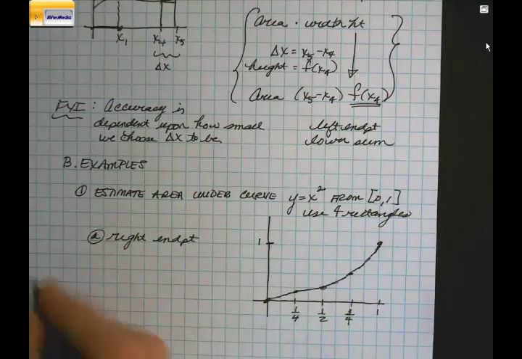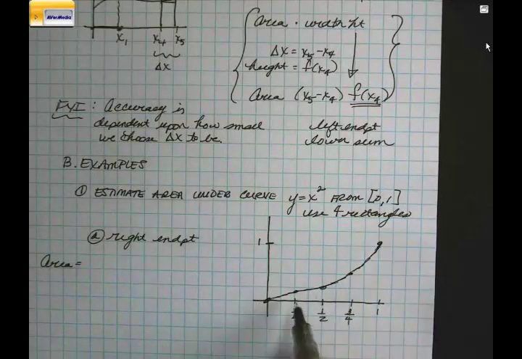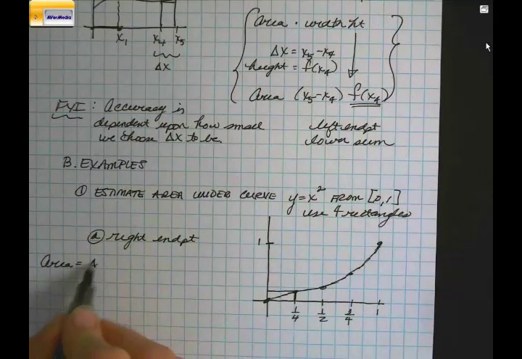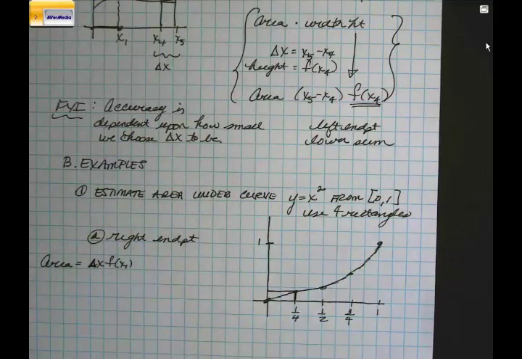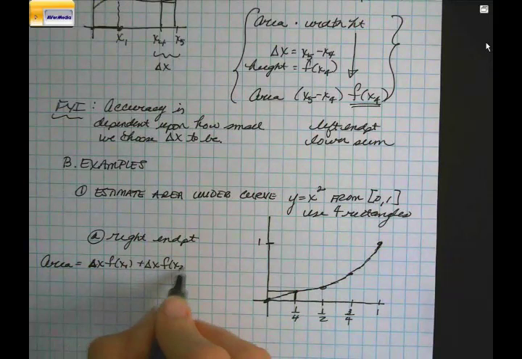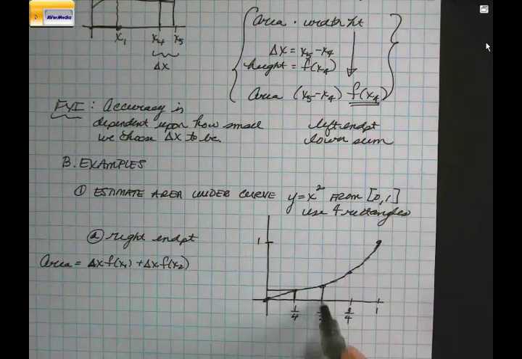Okay, so if I'm going to use the right endpoint, my area is going to be my first rectangle to the right endpoint. It's going to look like this. So my first one is delta x times f of x sub 1, right? That's your first rectangle, where x sub 1 is 1/4. Your second one is delta x times f of x sub 2, which is a height at 1/2.